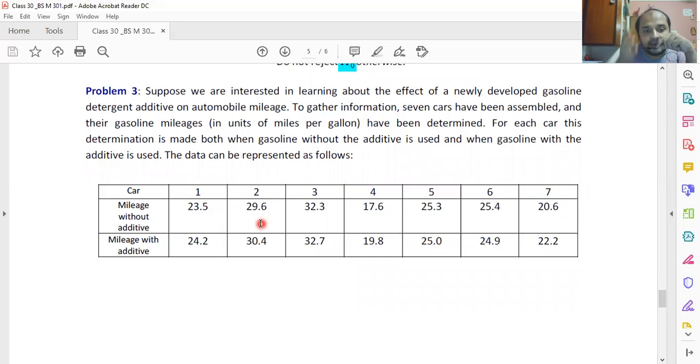You see, the sample remains the same. You are taking the data before the application of the additive, and again you are taking the data after the application of the additive. So the size of the sample remains the same, but the samples xi, mileage without additive, and yi, mileage with additive, are paired. They are interconnected with one another. That is called the interconnection.